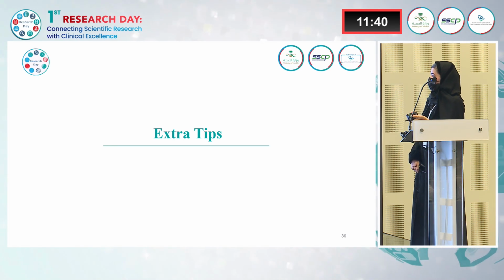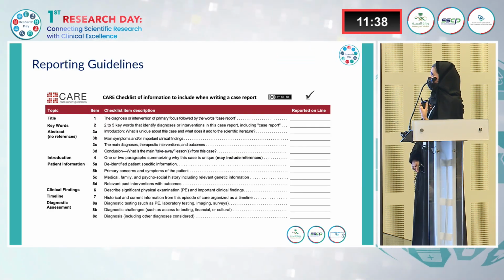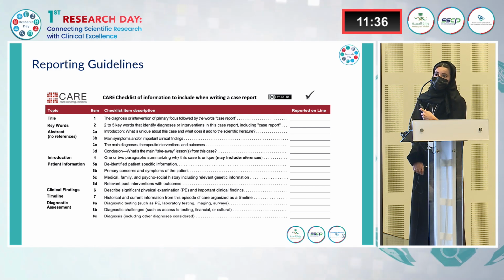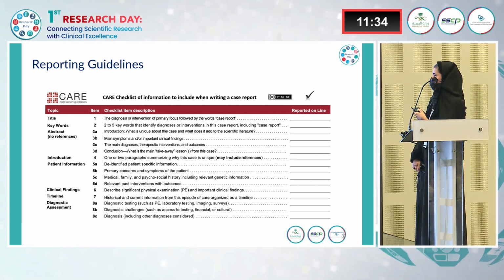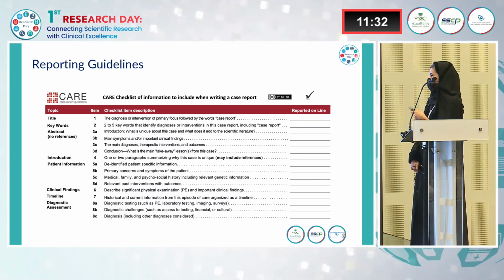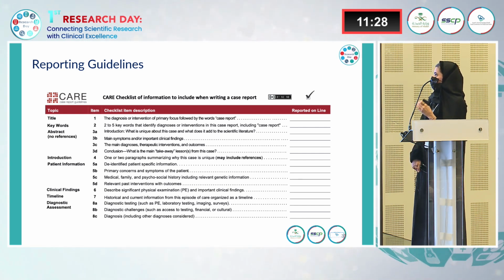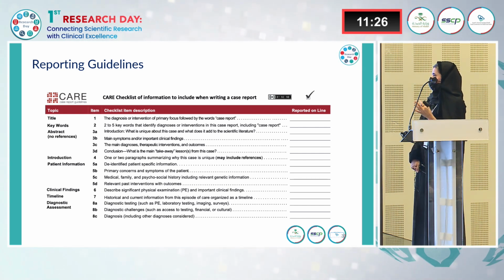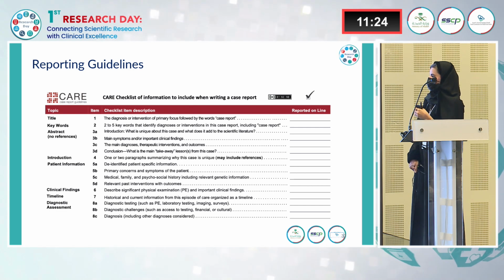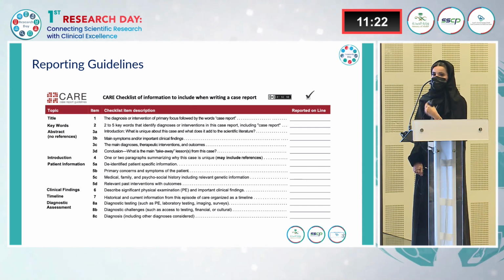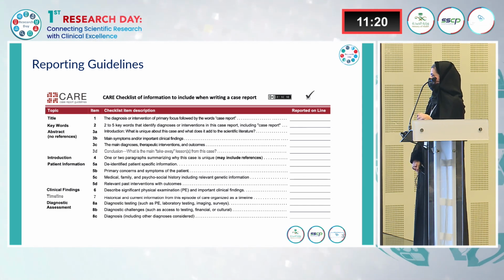Some extra tips for writing a proposal include using the reporting guidelines. For example, this is the CARE checklist for case reports. You will find criteria that will help you in writing your manuscript. You want to follow those guidelines.